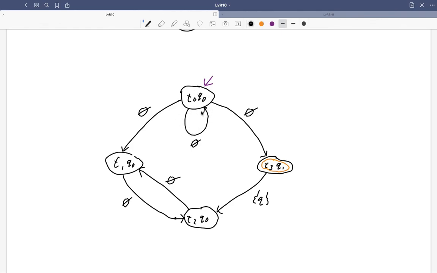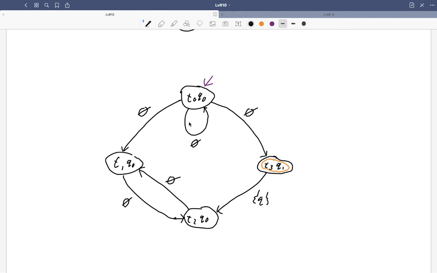This does not contain a final state because the only final state is down here. Or we can go around this loop, but there aren't any other loops in this automaton. So none of the loops contain a final state, therefore there is no lasso.